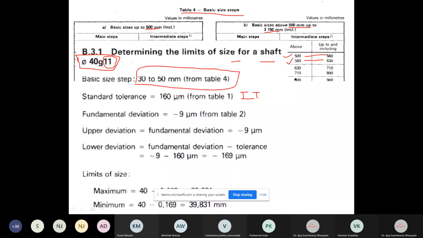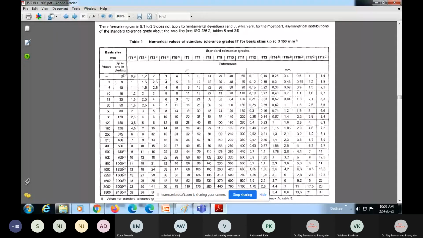For G11, the step of our diameter is 30 to 50, and G11 means IT11. So for IT11, you can work out that this particular value is for that. Am I right? Can you just correct me? Is this value 160?